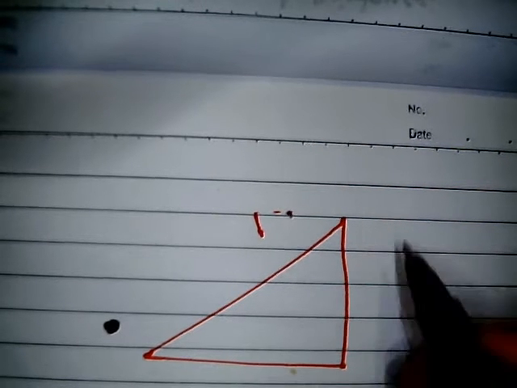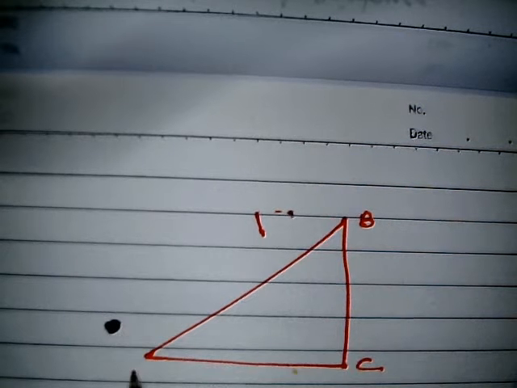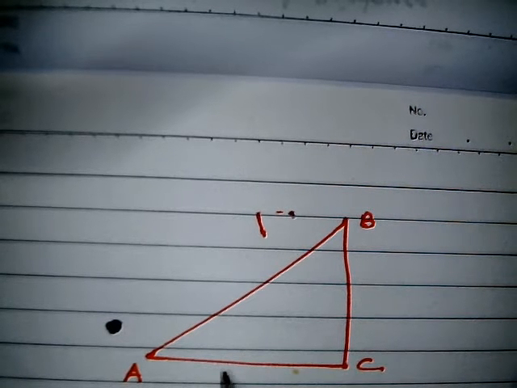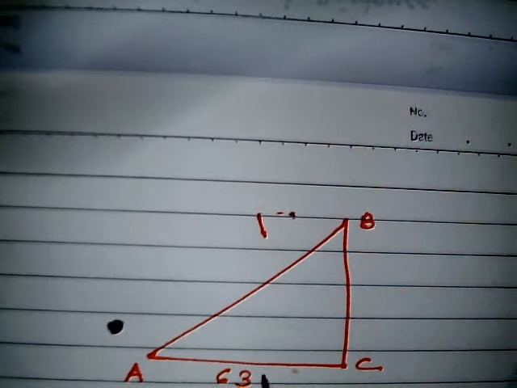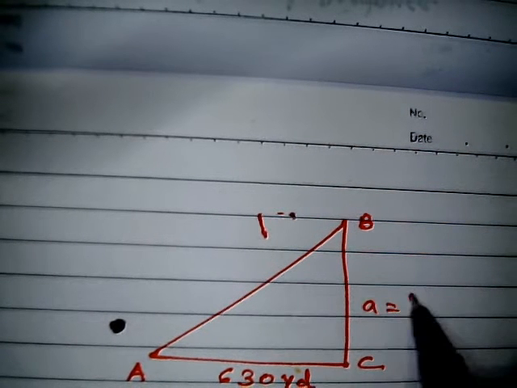This is a right angle triangle given over here. This point is named B, this point is C, and this point is A. This distance is given as 630 yards, and this we need to calculate over here.